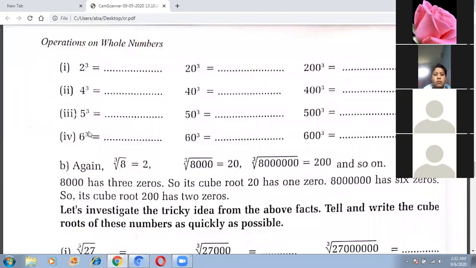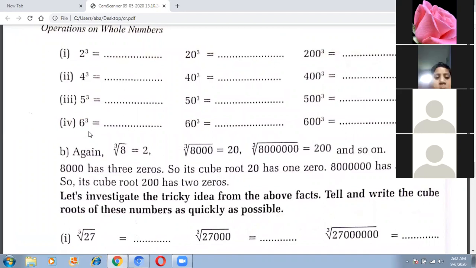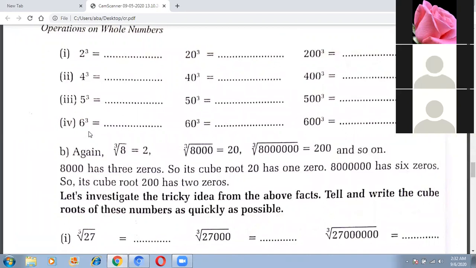What is the cube of 50? Don't know. You don't know. What is the cube of 50? अघि मैले भनेको टेक्निक युज गर न. 5 cube means 125. In 50, how many zeros are there? 1 zero. Now what is the cube of 50? In cube of 50, how many zeros are there? 3 zeros or not?